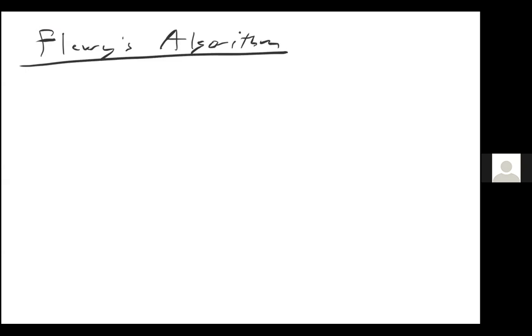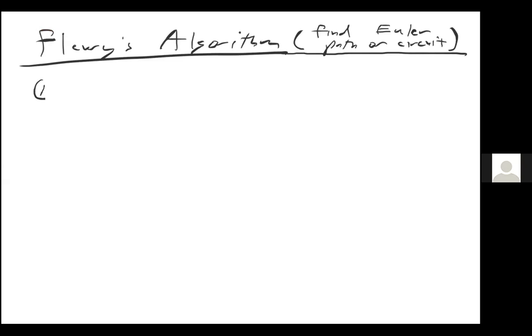Fleury's algorithm helps us to find an Euler path or circuit. Once we know there is one from Euler's theorem, it's an algorithm that helps us to actually find one.